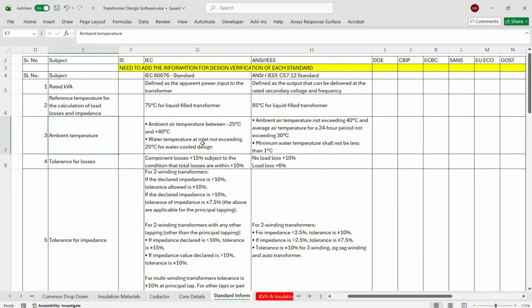Water temperature at the inlet not exceeding 25 degrees Celsius, for water cooled design, if there is a water cooled design. For IEEE, the ambient air temperature does not exceed 40 degrees Celsius, and the average air temperature for a 24-hour period does not exceed 30 degrees Celsius.